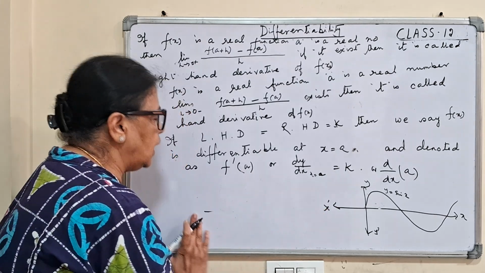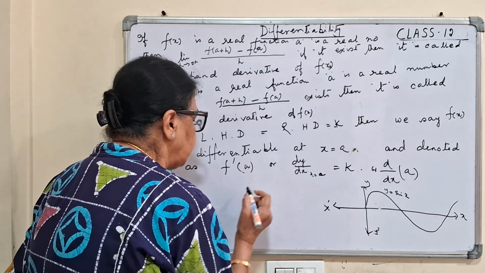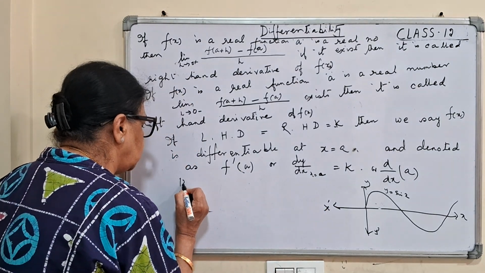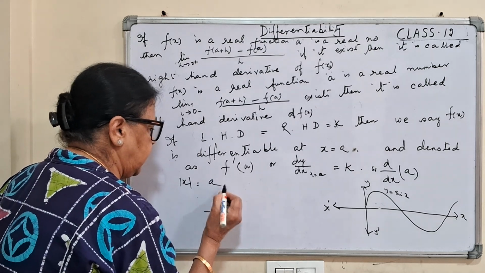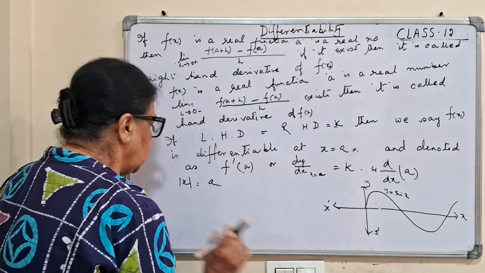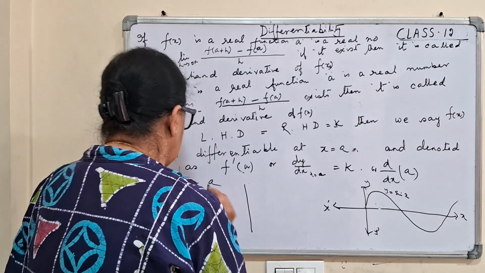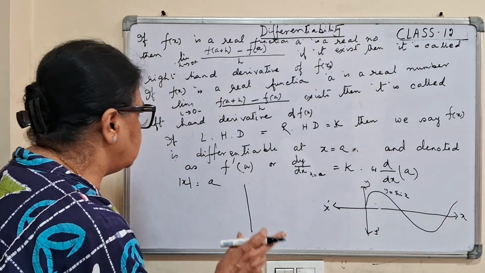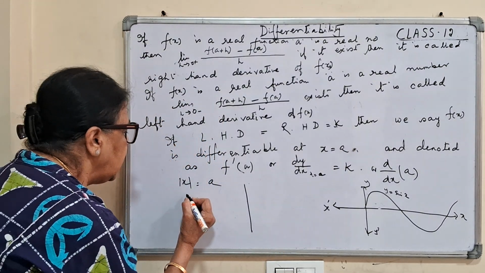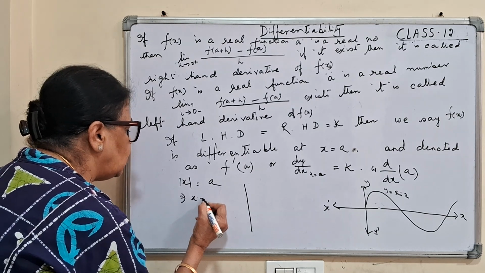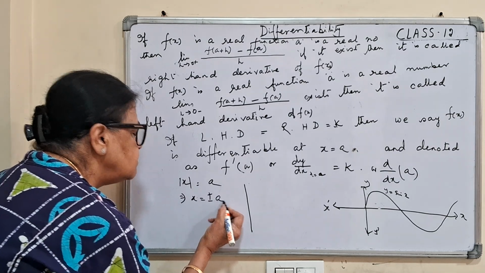Or take the absolute value of x is equal to a. We ask whether this is a continuous function or not. The absolute value of x is equal to a implies x is equal to plus or minus a.